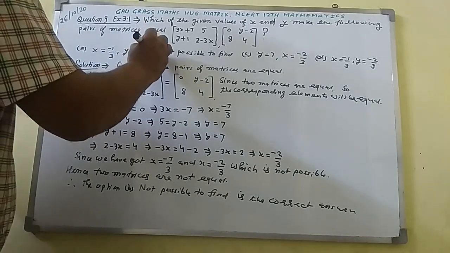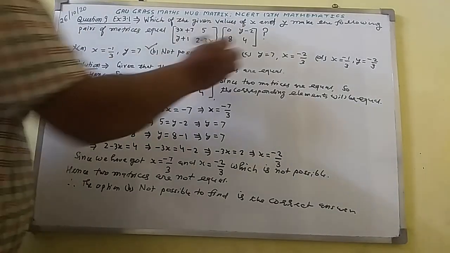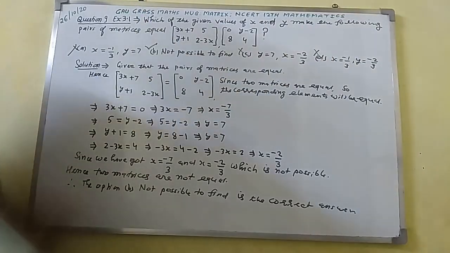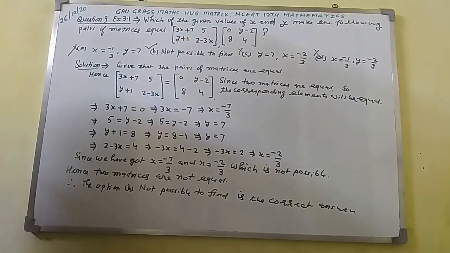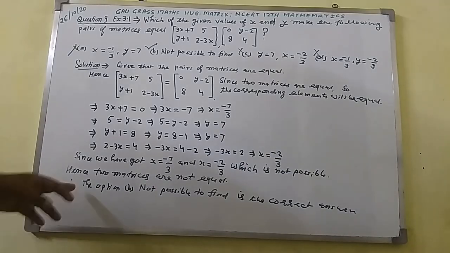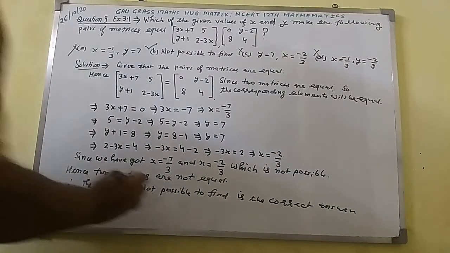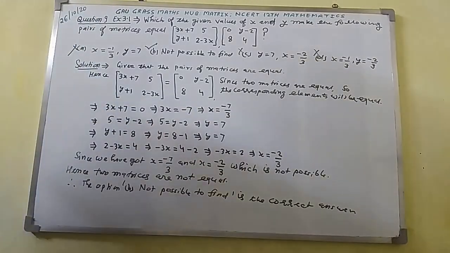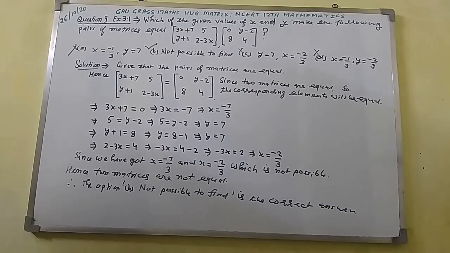Option B will be the correct answer. This one is not correct. This one is also not correct. This one is not correct. The option B, not possible to find, that will be the correct answer. So this is the complete solution of question number 9, exercise 3.1.